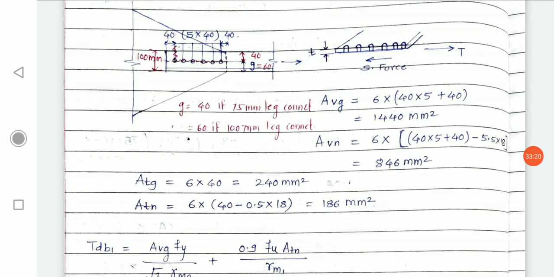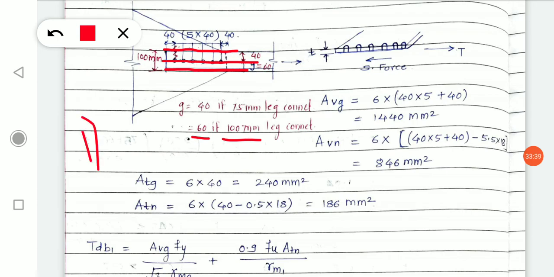See, the angle is in between this, and the bottom is mentioned as G. G is 60 if the 100 mm leg is considered. Therefore, I mentioned I am solving case number 1, in which the 100 mm leg of your angle is connected.